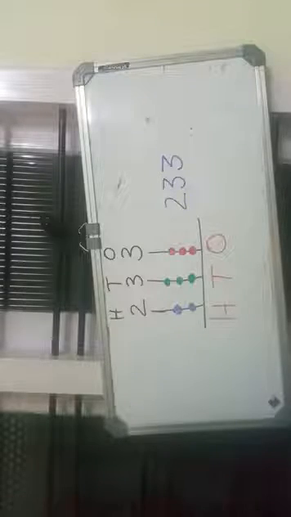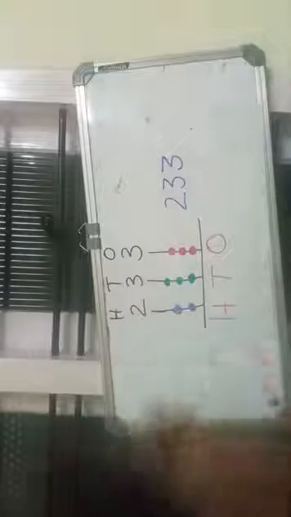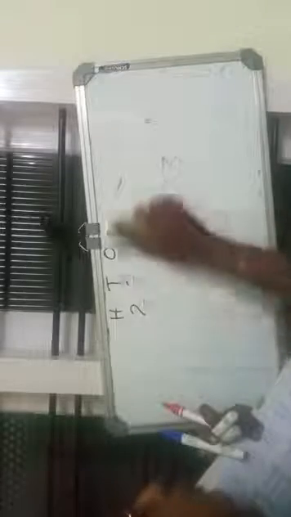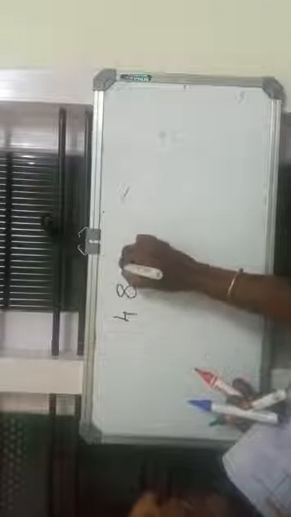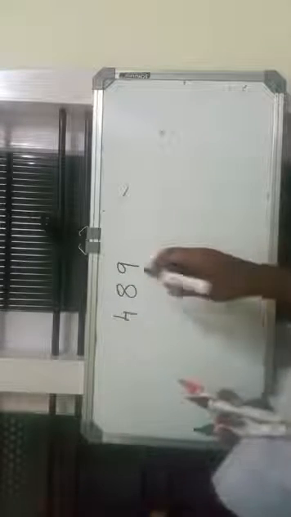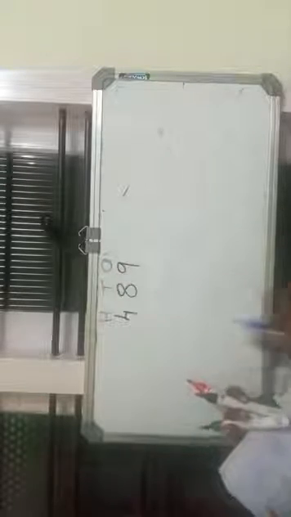Let us try one another number on abacus. 489. Next we are writing 489. First you have to write ones, tens, hundreds.